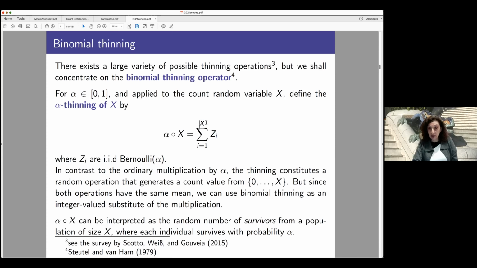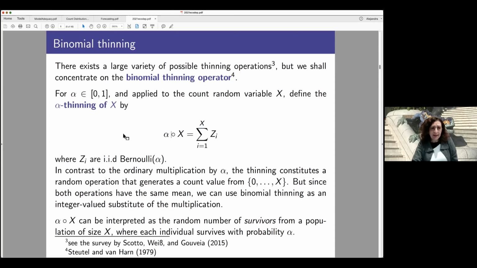So conditional on X, the binomial thinning is a binomial random variable with n equal to X, and the probability of success being alpha.